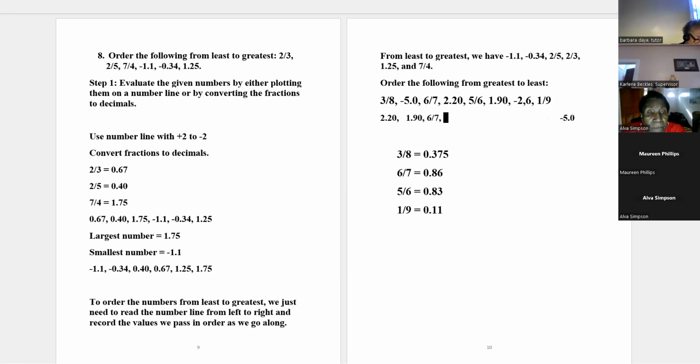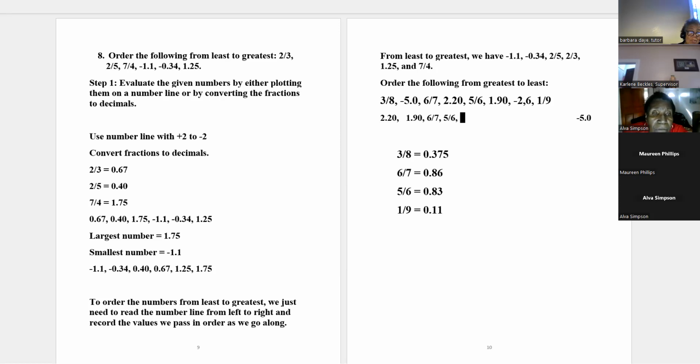And what's the next one, Alva? What's the next biggest fraction? Would it be minus 2? No, negative is going to come further. You've got another one here. What about the 5/6? Yes. 5/6 is 0.83. All right. And then what's the next one, Alva? 2/6?